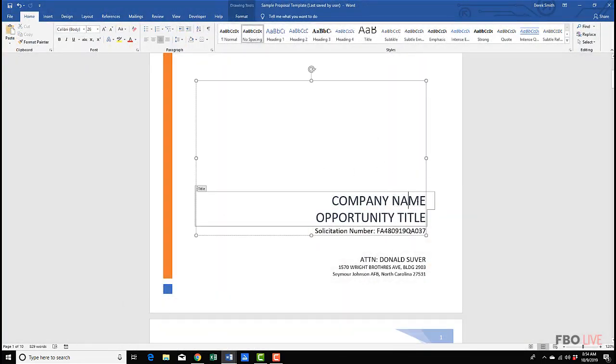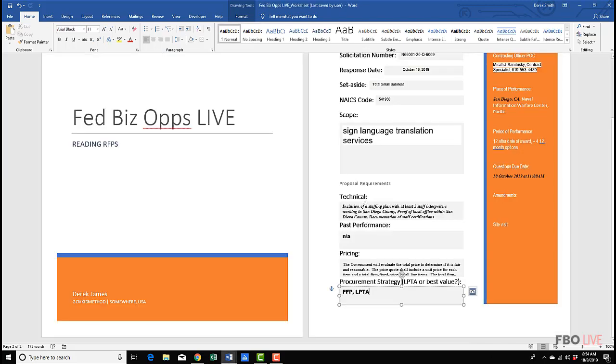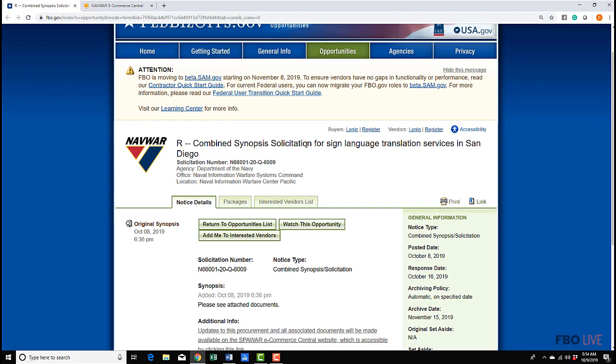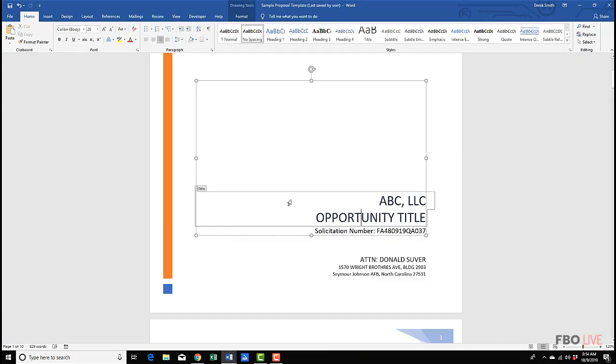So, on this proposal template layout, company name, whatever your company name is, opportunity title, this is sign language services in San Diego. Let's just call it sign language services, parentheses, San Diego.